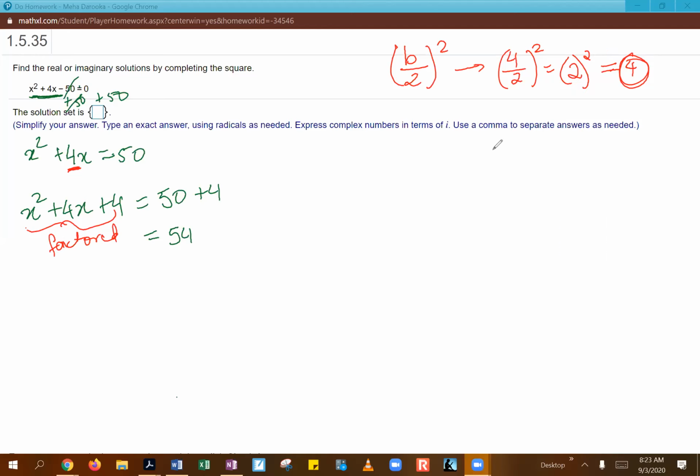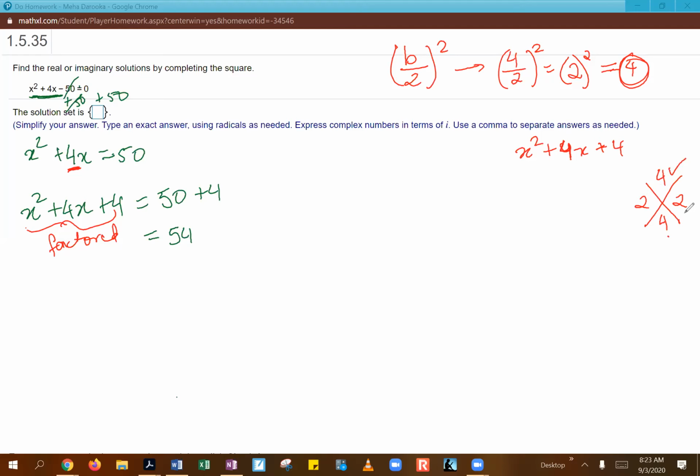So you've got x squared plus 4x plus 4. And the idea is you're looking for two numbers that multiply to give you 4 and add up to give you 4, because both our middle term and last term are 4. So that would be 2 and 2. When I multiply 2 times 2, I get 4.